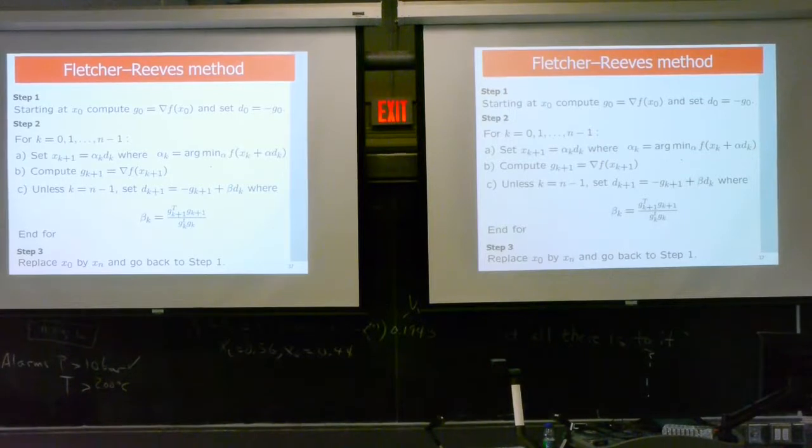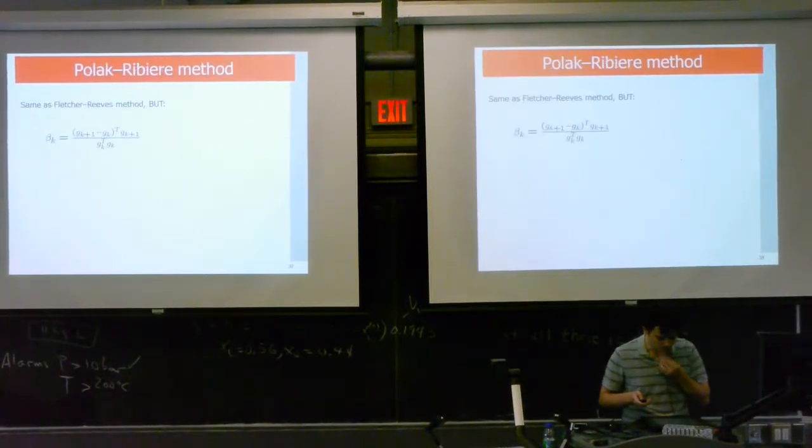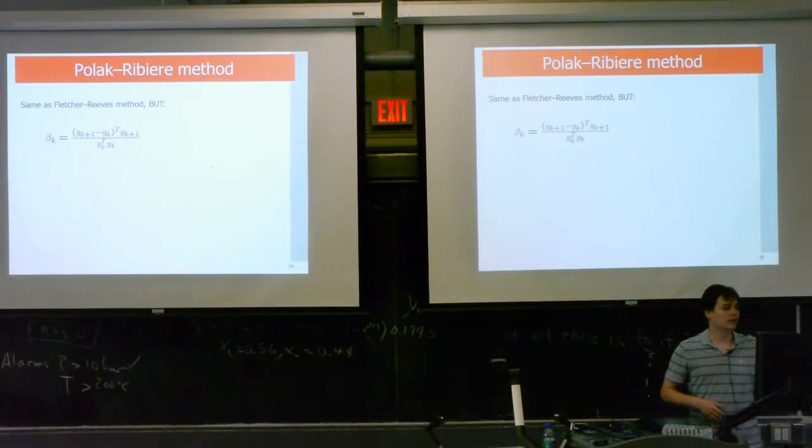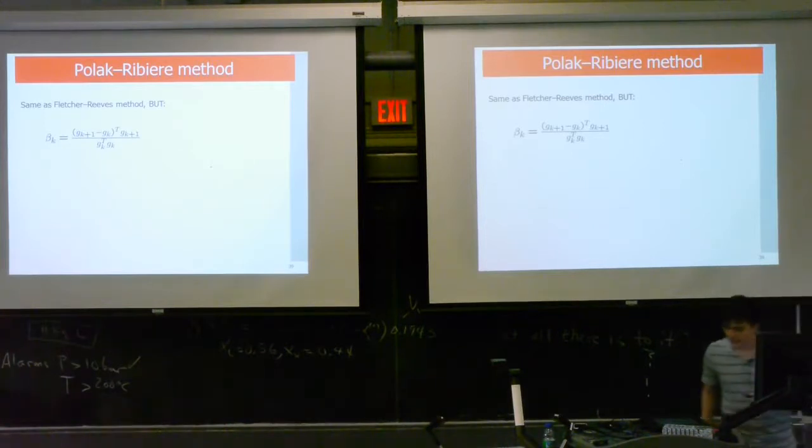So this is one. The Fletcher-Reeves method is one important conjugate gradient method. And there's another one, which is called Polak-Ribière. This Polak is not that Polyak that Ryan mentioned in the backtracking. And here the only difference is we do the same as before, but this is the update for the betas.